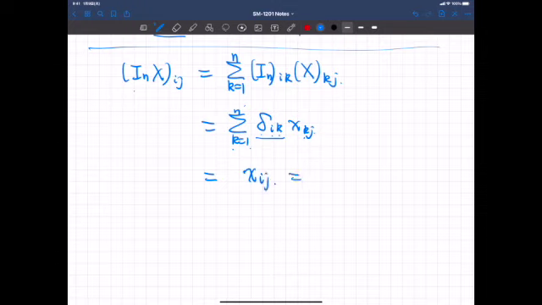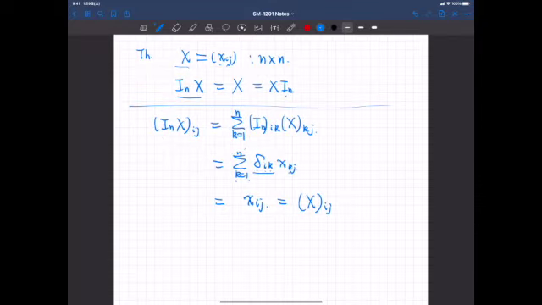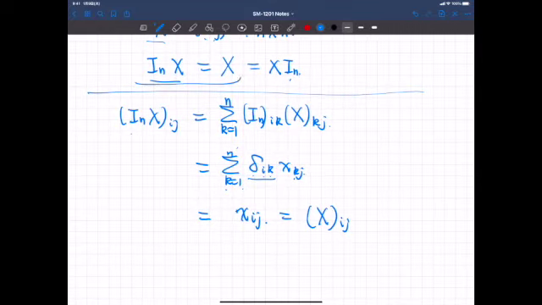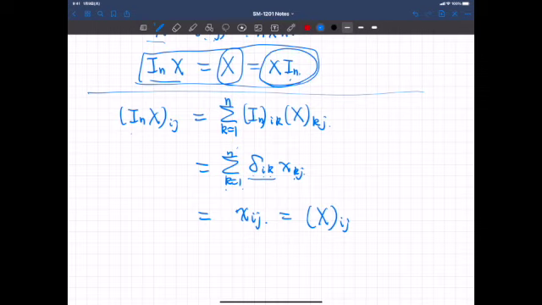This is the ij element of the matrix X. Therefore we have this equality, and the other equality can be proved in a similar manner. So we calculate this matrix product and deduce that it is equal to X.